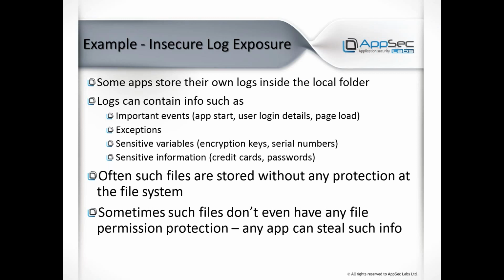Sometimes when we are doing pen testing, we look at the logs of the apps that we're pen testing, and we look for treasures that the developers wrote to the log. The idea was to save information to the log for later analysis, but the problem is that logs might contain sensitive info, such as values of sensitive variables, encryption keys, serial numbers, credit cards, passwords, and so on.